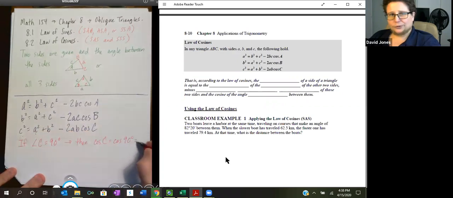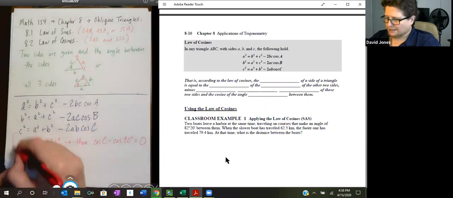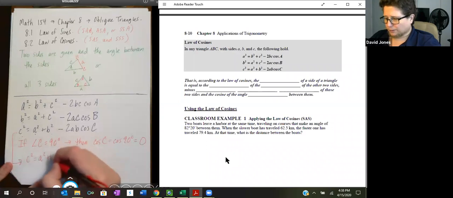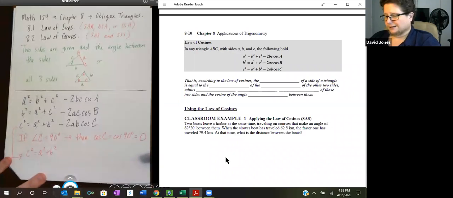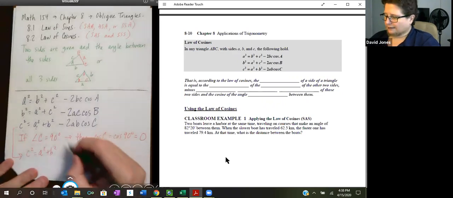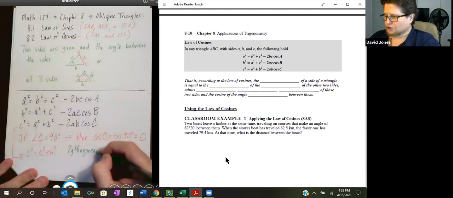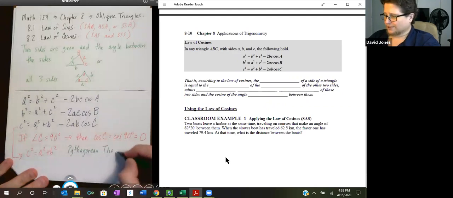And that equals what? 0. Which turns this into C squared equals a squared plus b squared. We know that formula. That's the Pythagorean theorem. The Pythagorean theorem is just a subset of the law of cosines.